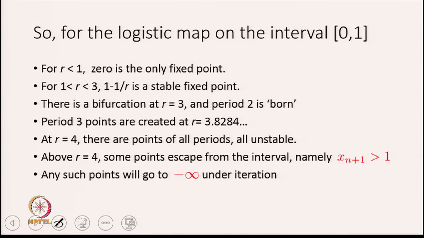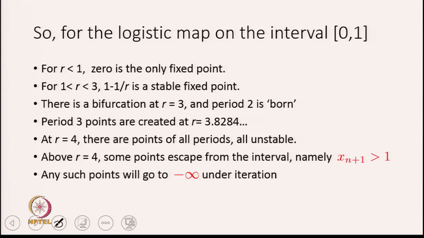There is this bifurcation at r equal to 3, and we find that period 1 disappears and period 2 is born. The period 3 points are created out of nothing at r equal to 3.8284, etc., that is to say 1 plus the square root of 8. At r equal to 4, there are points of all periods and all of them are unstable.